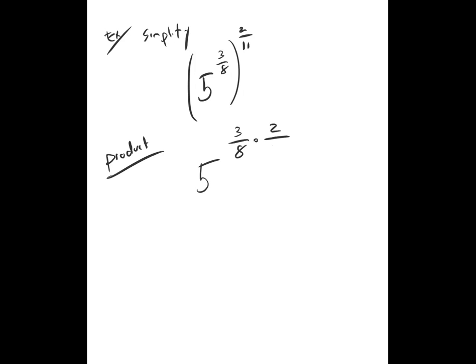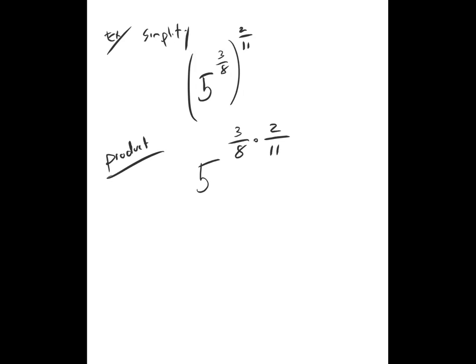Simplify. 5 to the power of 3 over 8, to the power of 2 over 11. All right, so this is an example where we'll have to use the product rule, which is 5 to the power of 3 over 8 times 2 over 11.